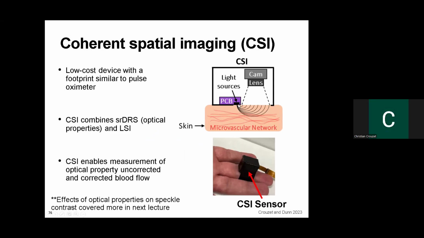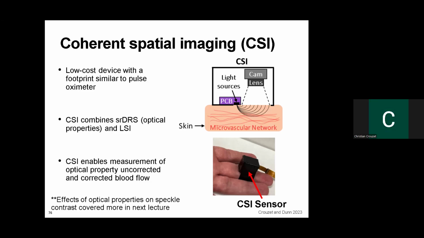So it's both. Basically, if we were to look at, say, one of these line profiles, we get our LSI, the SPG, looking at the speckle contrast. But if we actually use the banana path of all of the photons that are acquired by the camera, that's the diffuse reflectance spectroscopy, where we have a Monte Carlo simulation.